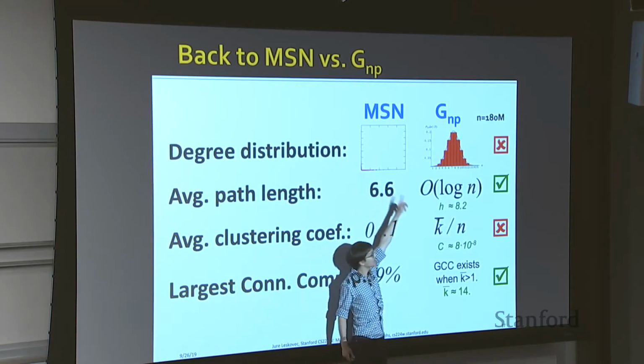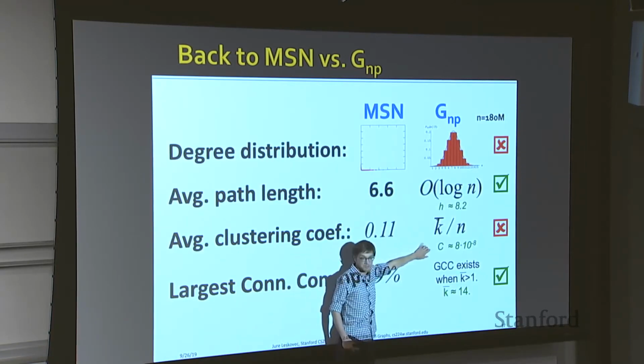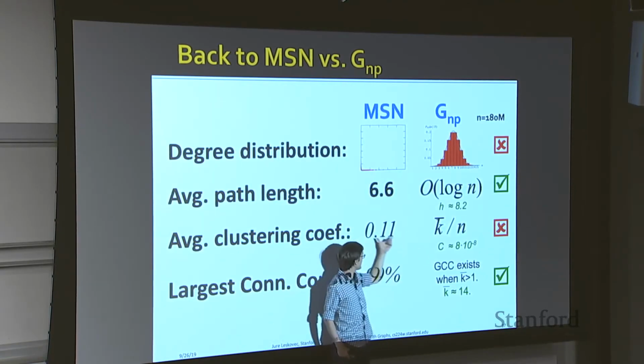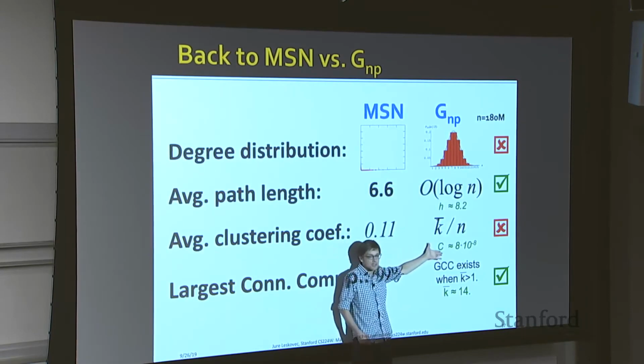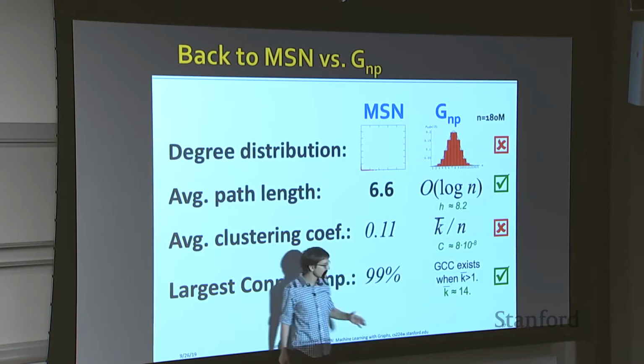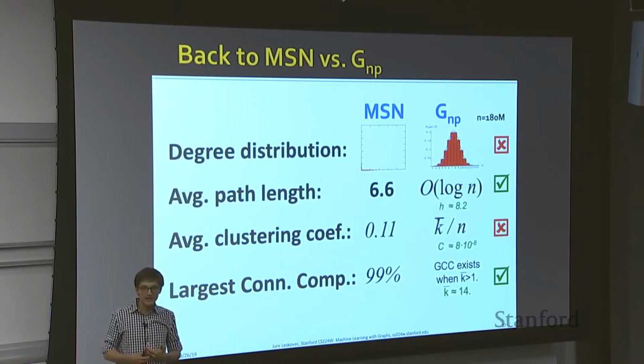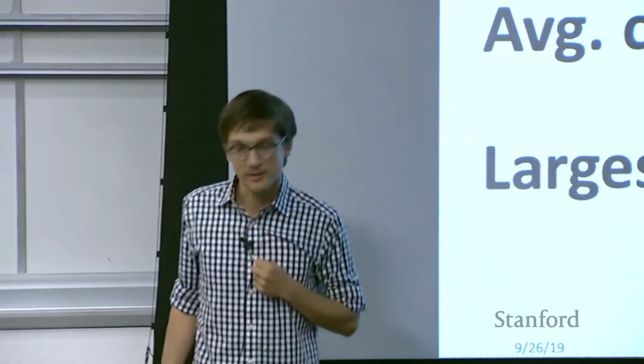For example, degrees seem much more interesting. What also seems interesting is this difference in the clustering coefficient, right? Here we have a lot of clustering. This thing essentially has 0 clustering, right? And then the connectivity, which again would sound very surprising if you would tell someone, doesn't really seem to be too surprising, right?